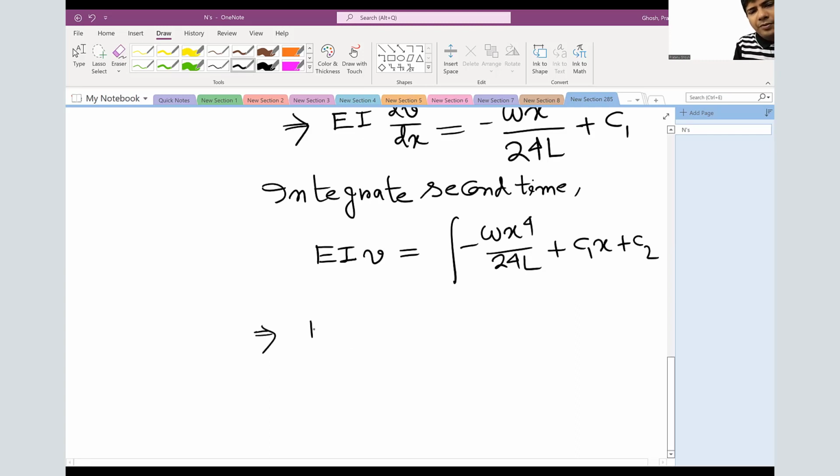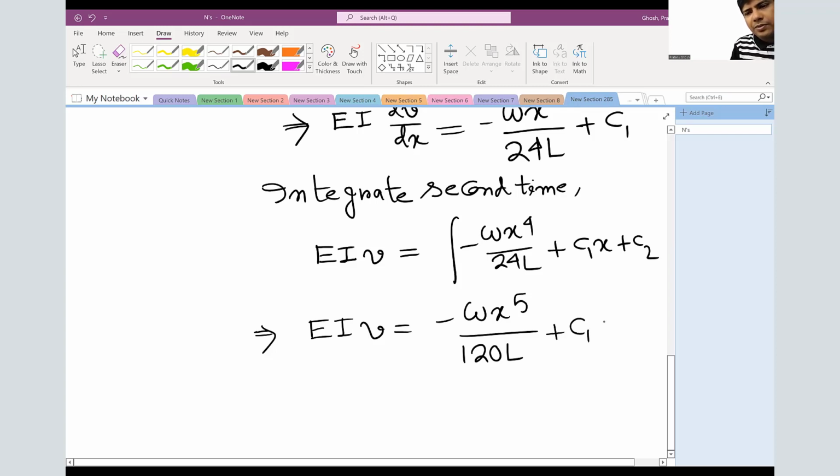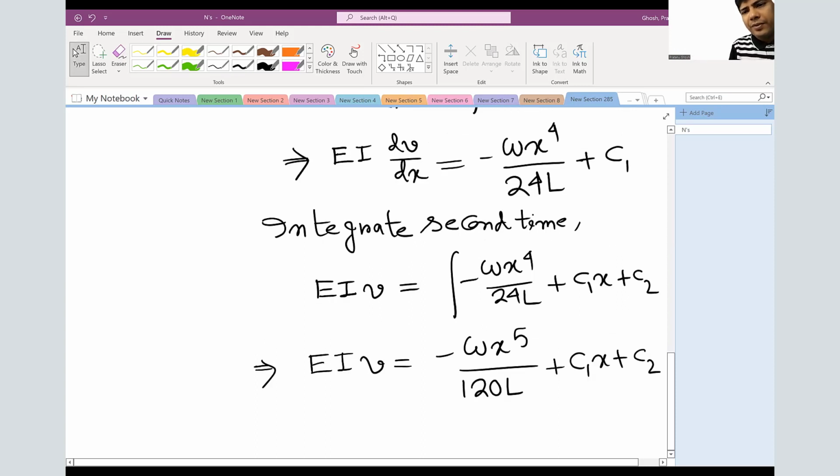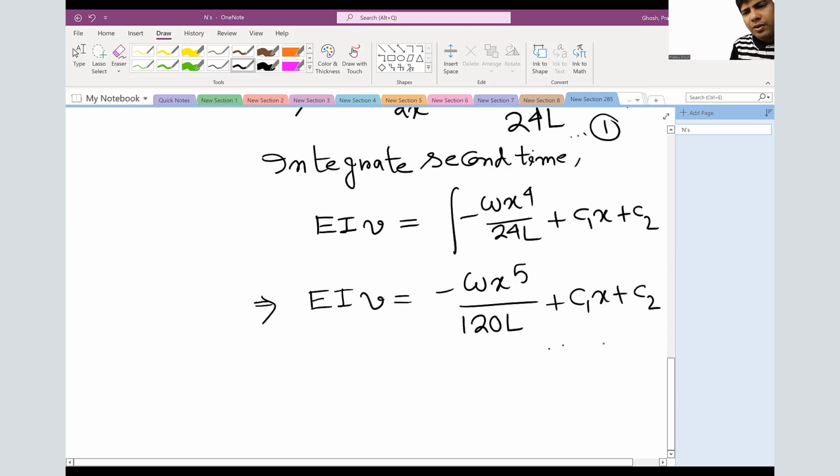So EIV equals negative Wx^5, 5 times 24, 120L, plus C1x plus C2. This is your equation for slope and deflection. So equation 1 for slope, equation 2 for deflection.